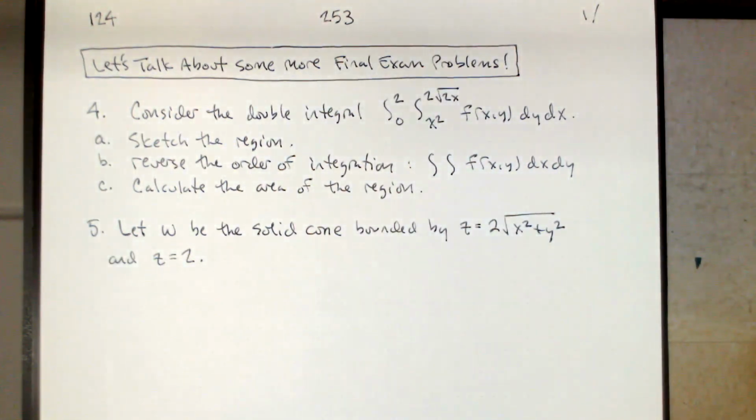So let's let W be the solid cone bounded by z equals 2 square roots of x squared plus y squared, and on top z equals 2. So I've got this cone.